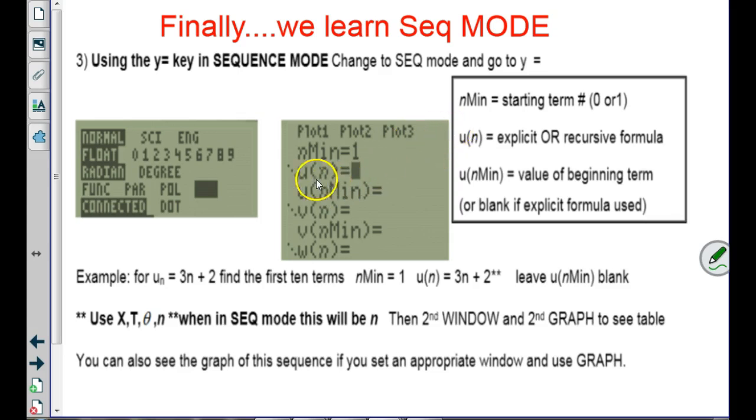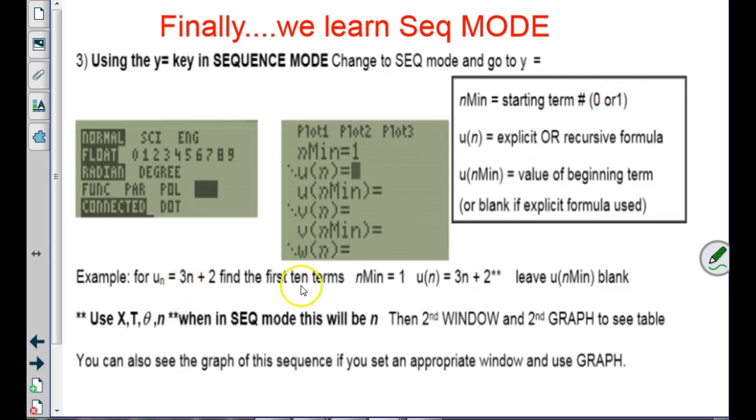If you go down a line, it says U sub n, and this is where you can put in a formula. You can put in explicit or recursive here. Then the third line says U sub n min. This means what is U sub 1. So you have to enter the first term here if you're using a recursive sequence. If it's explicit, you can leave that blank. But that's what it's telling you over here.